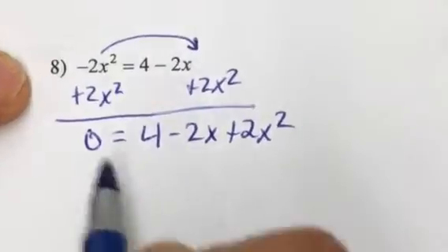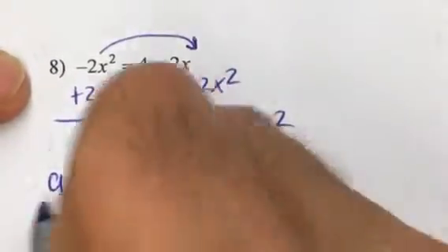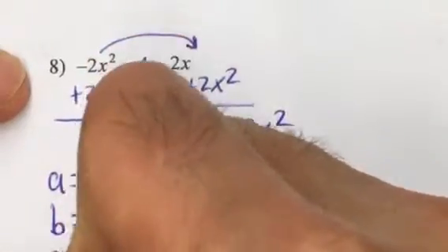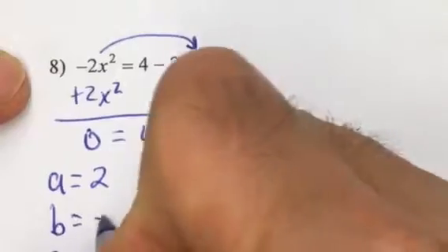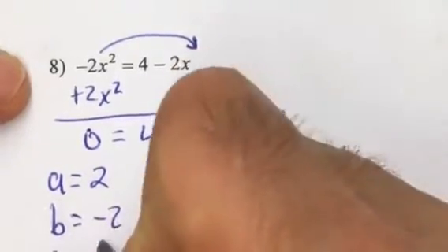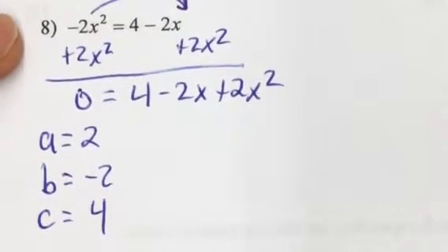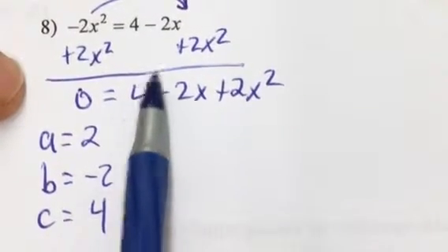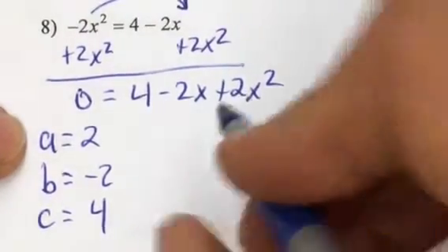Be very careful, because it's not in standard form, it's mixed up. A is 2, B is -2, C is 4, because that's the number by itself. This is with x. There's your x squared.